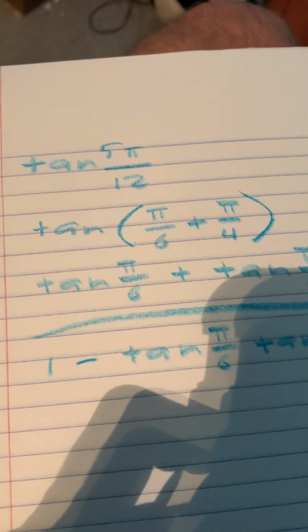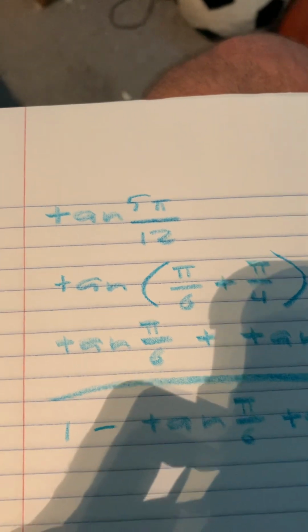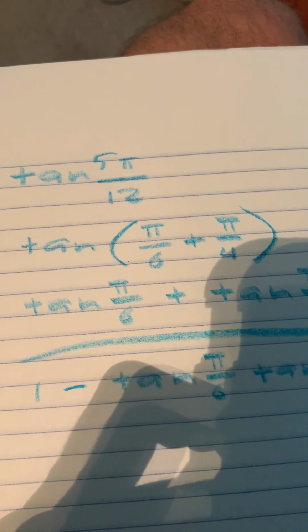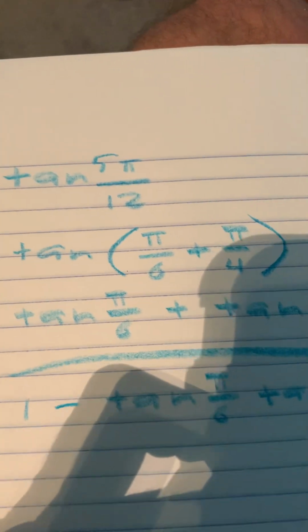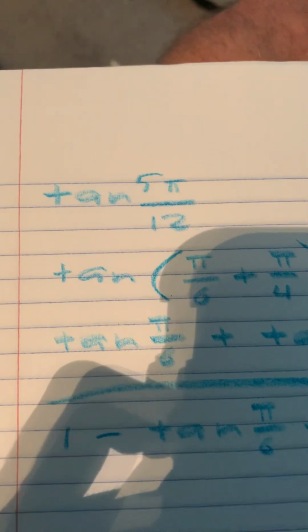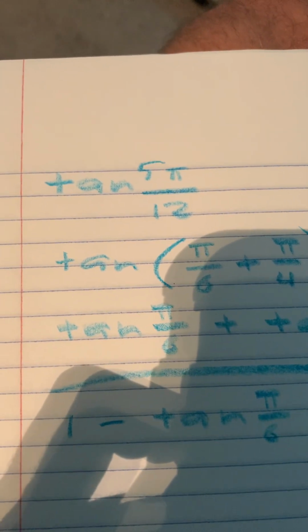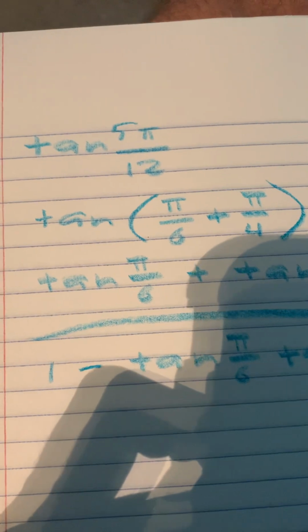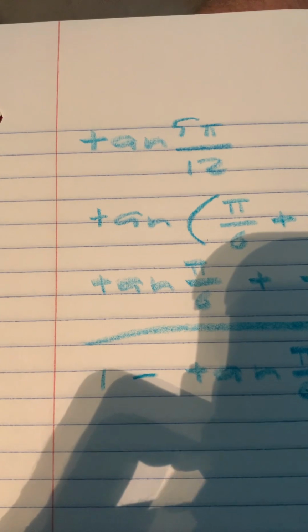Okay, so I'm kind of picturing the graph of the tangent of x in my head. It has a vertical asymptote at 0. That's why the tangent of 0 is undefined. No, the tangent of 0 is 0. So the tangent of pi over 6 would be the square root of 3 over 3.